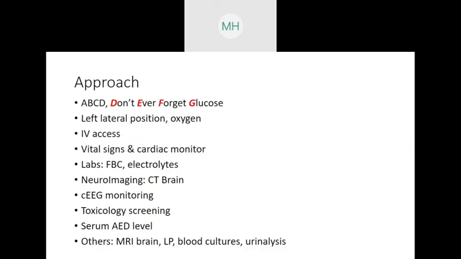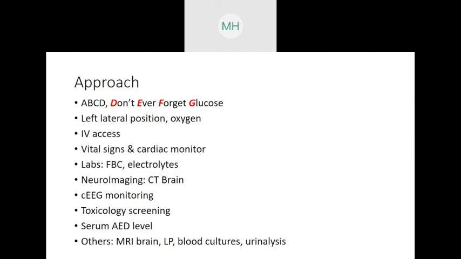So the basic approach to this patient, the status patient, we start from the ABCD: airway, breathing, circulation, and disability. So we should know that airway is our priority. Then we should see the pattern of breathing of the patient, and we see the hemodynamics of the patient, and the disability screening, a neurological examination to localize whether this is intracranial pathology or other causes.